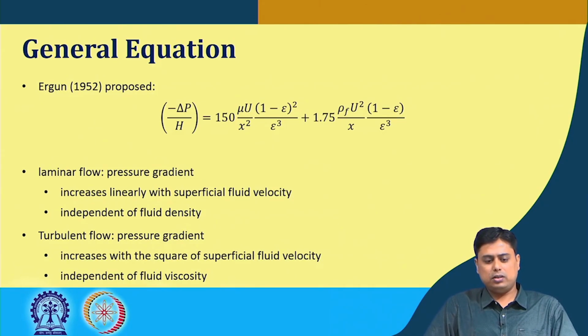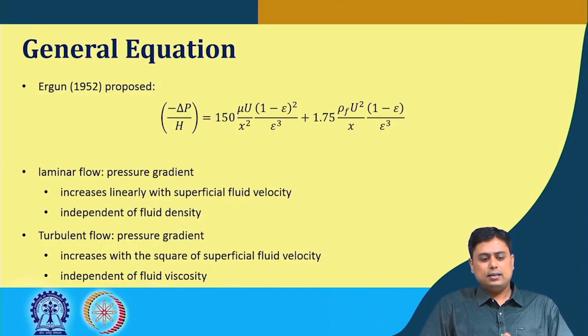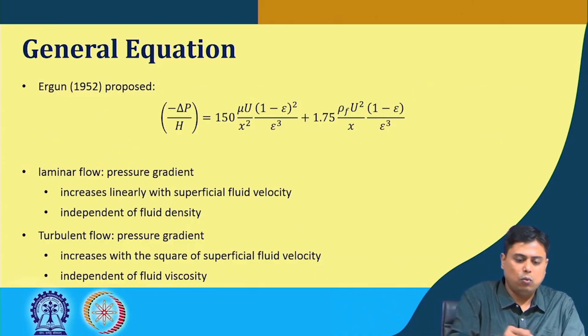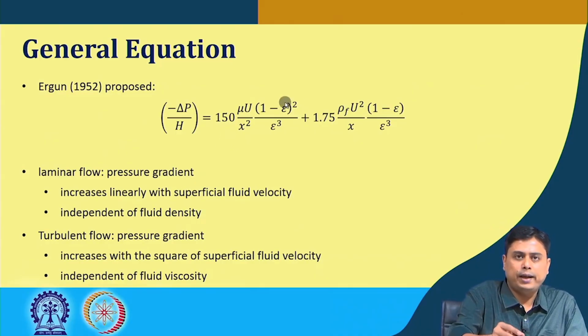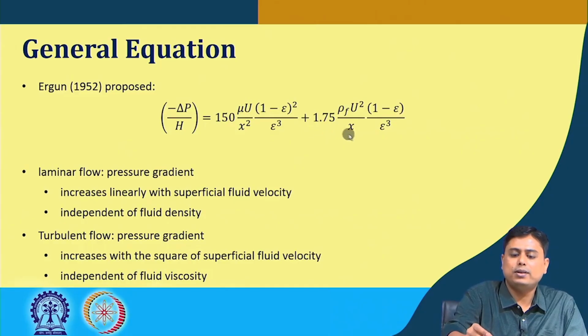You already know about this, but let me refresh your memory: this Ergun equation has two components. The first component is the 150 multiplied by this part, and there is another, 1.75, multiplied by this part.